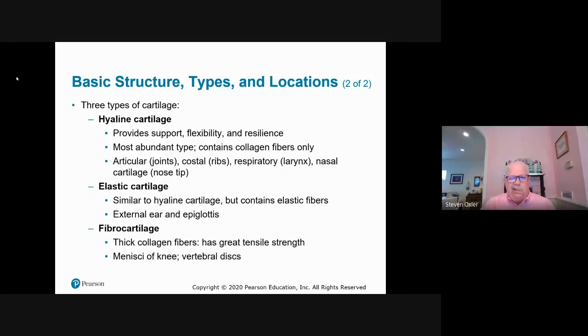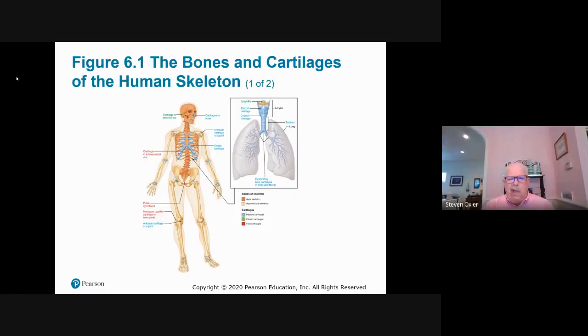Your vertebral discs are made of fibrocartilage. Okay? So, basically, here is where your cartilage is. Here is elastic cartilage. Here is hyaline cartilage. And here is fibrocartilage.